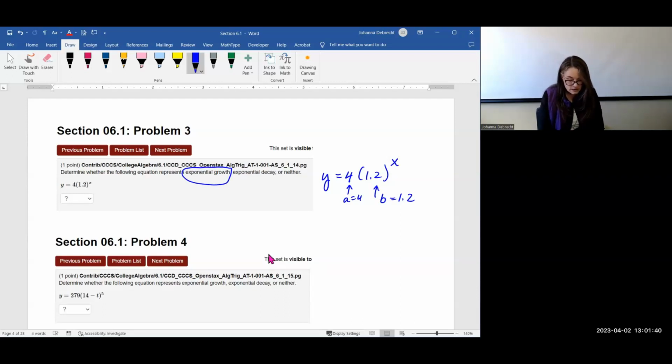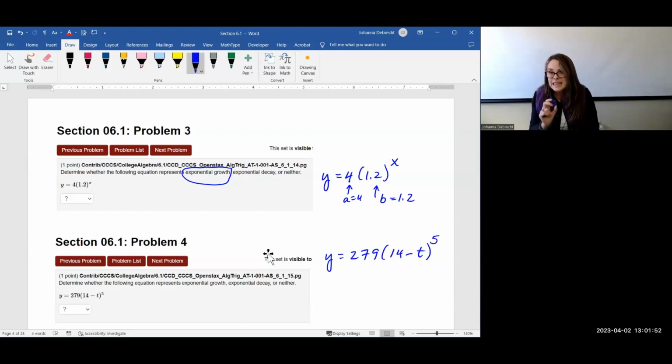Let's take a look at this one down here. We have y equals 279 times (14 minus t) to the 5th power. Well, one of the key things about an exponential is that the independent variable is in the power. And this time, my independent variable is not in the power.